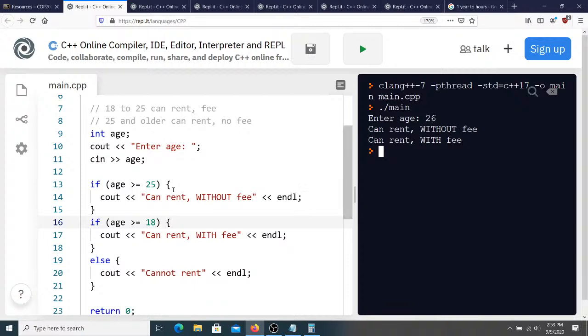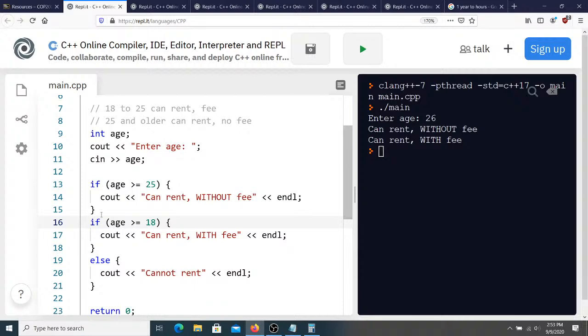The way these work is that with an if, else if, else sort of structure, the very first thing that matches will cause the rest to not be checked.